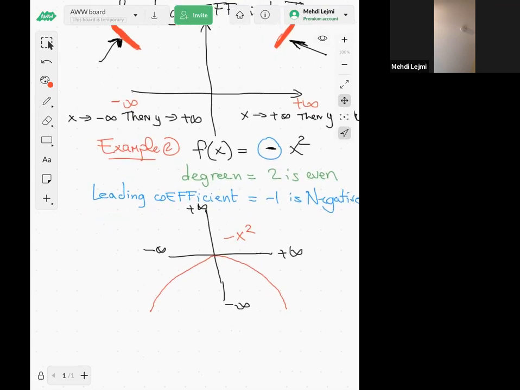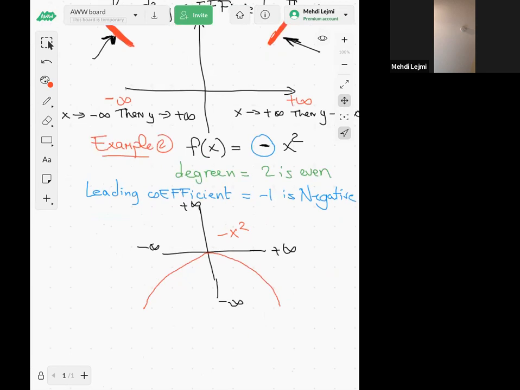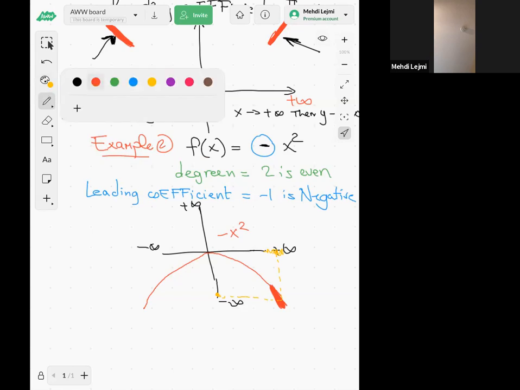When x goes to positive infinity, the output y goes to negative infinity, right? And when x approaches negative infinity, the output y is also at negative infinity.